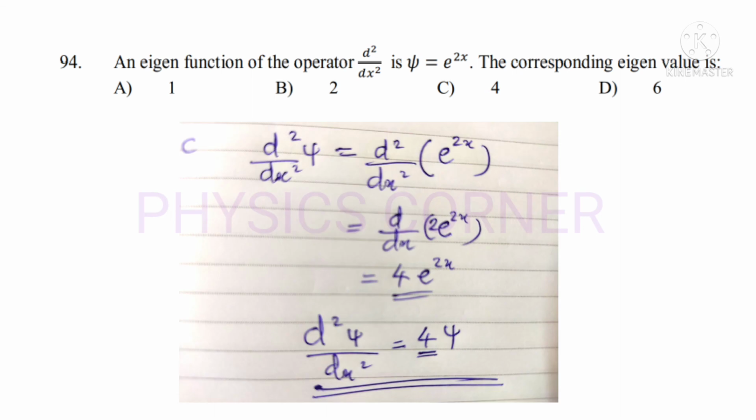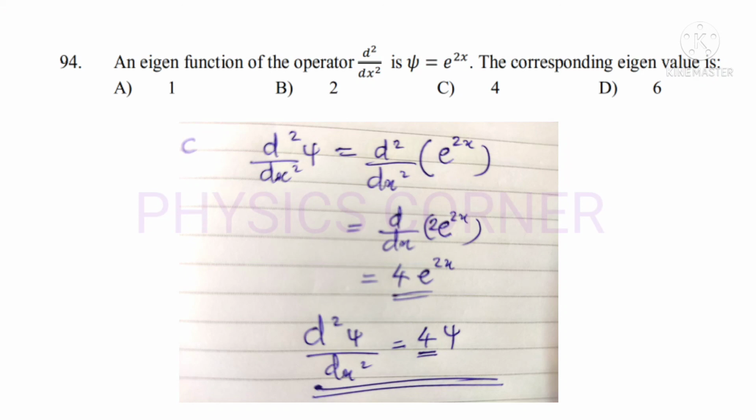We have to calculate d square psi by dx square, that is d square by dx square of e raised to 2x. Just simply doing the differentiation two times, right? So d by dx of 2 into e raised to 2x, and the final result is 4 into e raised to 2x. That is, we have d square psi by dx square equal to 4 into psi, right?